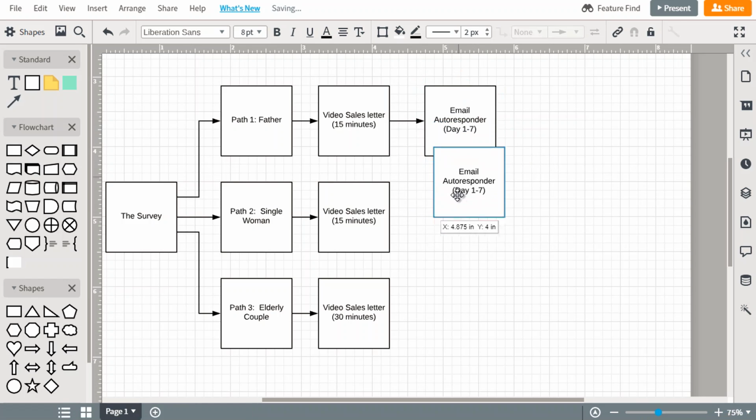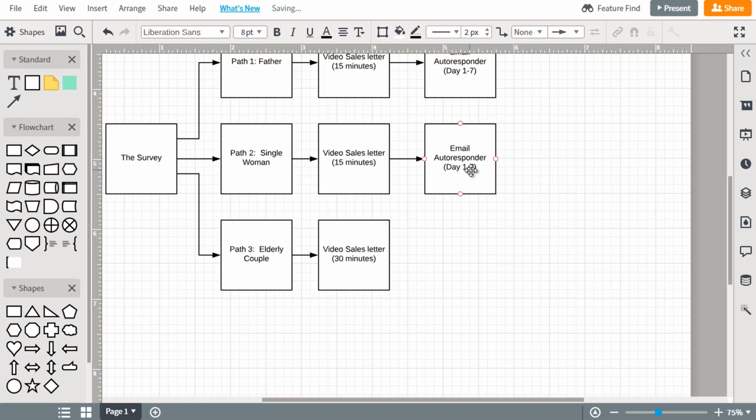And maybe we find the very similar for the women, but for the elderly couple, we find that they require more selling, more pre-selling. So the email autoresponder ends up being 14 days.